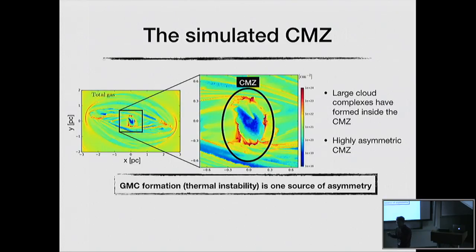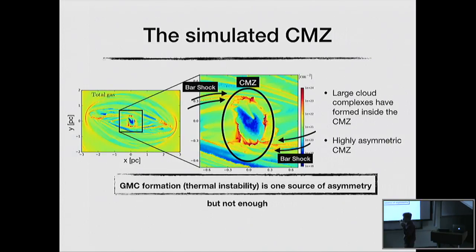So giant molecular cloud formation is surely one of the ingredients to explain the asymmetry. But certainly it's not the only ingredient, because molecular clouds have typical sizes of a few parsecs up to tens of parsecs, but they can certainly not explain asymmetries on scales of 100 parsecs. So the additional ingredient is the inflow of gas from these shocks.